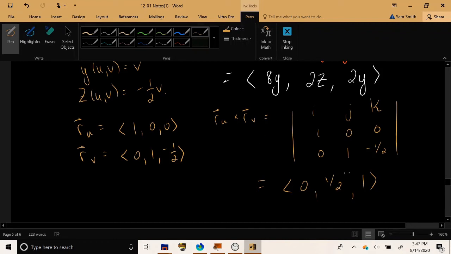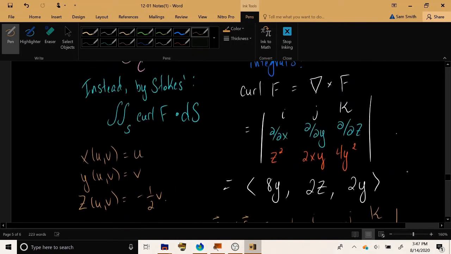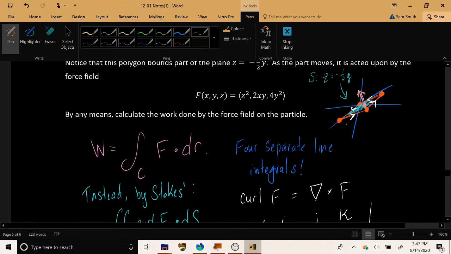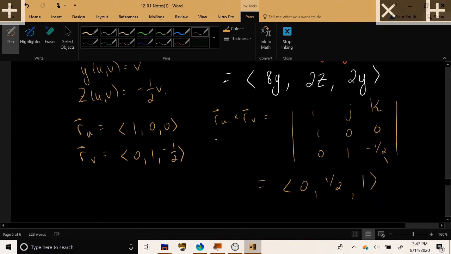Now let's take a quick moment and make sure that the normal vector to the surface that we got from the calculation really does point up. It really does point up. So here's the normal to the surface.